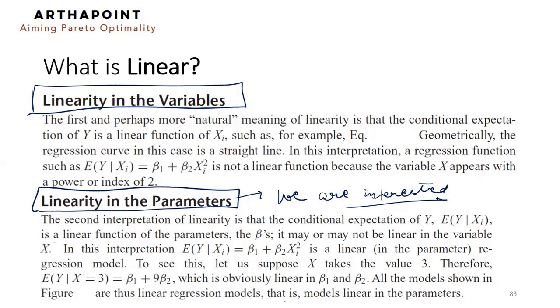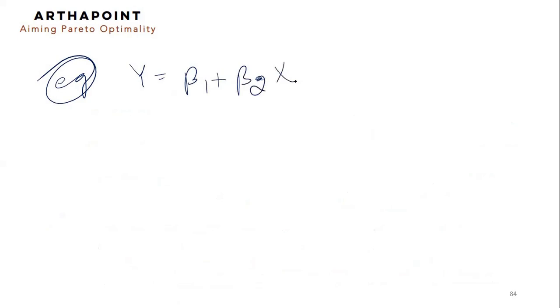So let's see that. I'll give you an example of it. Supposedly, I give you an equation which is y is equal to beta 1 plus beta 2 x. This is linear in parameter and linear in variable both. Now, I'll give you an equation which is y is equal to beta 1 plus beta 2 x square.